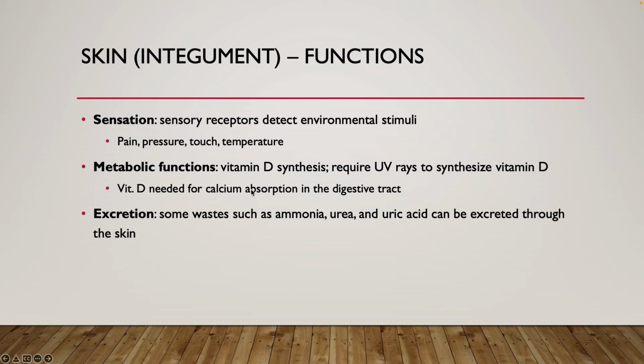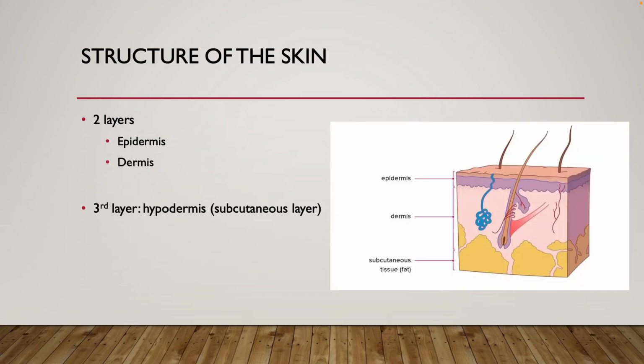Now, always keep in mind absorption occurs in the digestive tract and reabsorption will occur in the kidney. Okay, so absorption in the digestive tract, reabsorption within the kidney. We also have some excretory functions of our skin as well. And so different waste, ammonia, urea from the breakdown of proteins can be excreted through our skin as well.